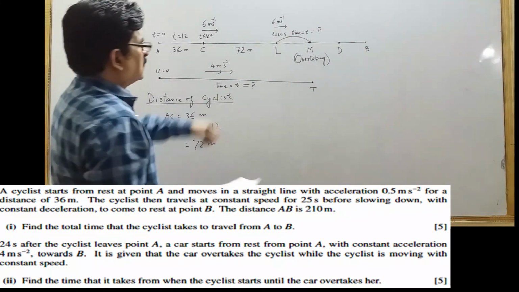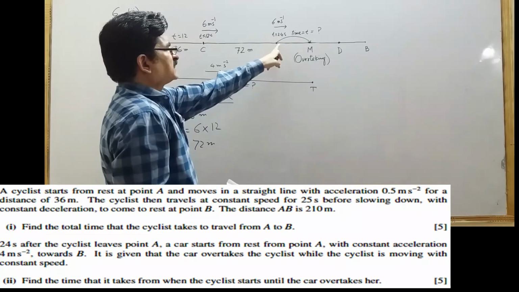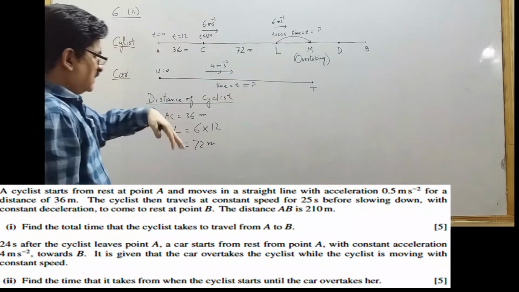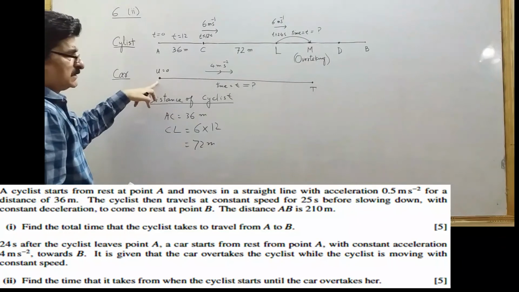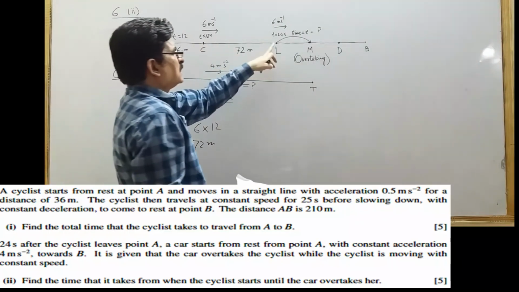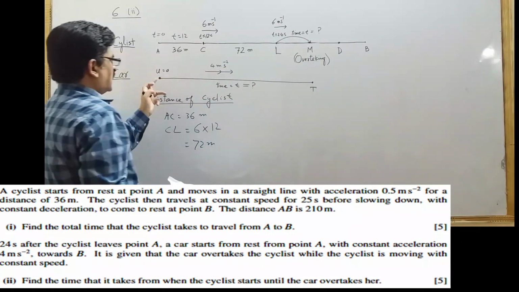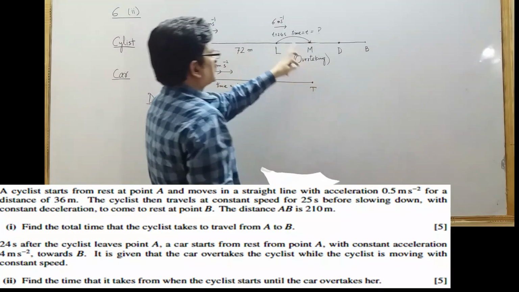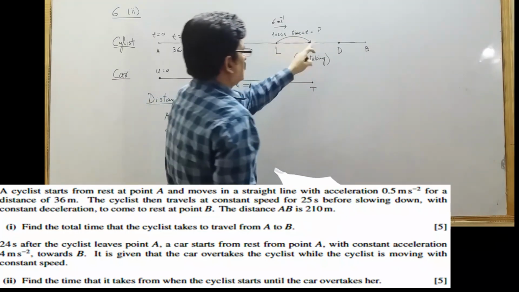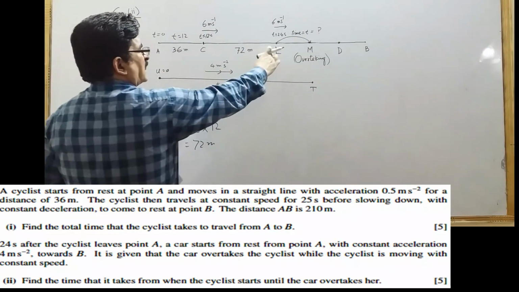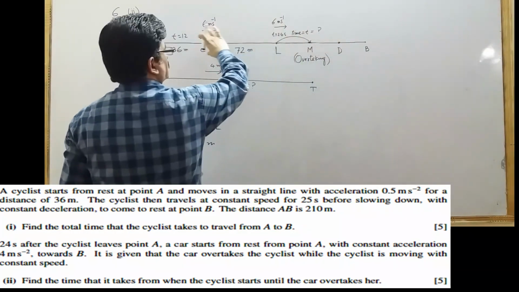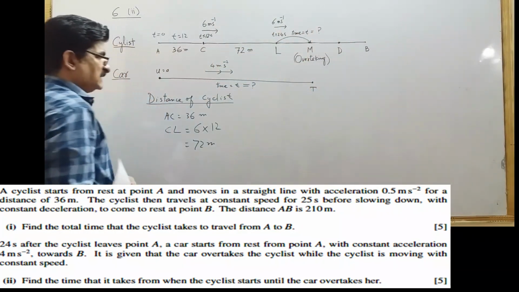Now, when the cyclist is at L, the car starts. In time t, the car reaches from this point to this point, and the cyclist goes from L to M. Again, this is the second stage of motion, constant velocity 6.